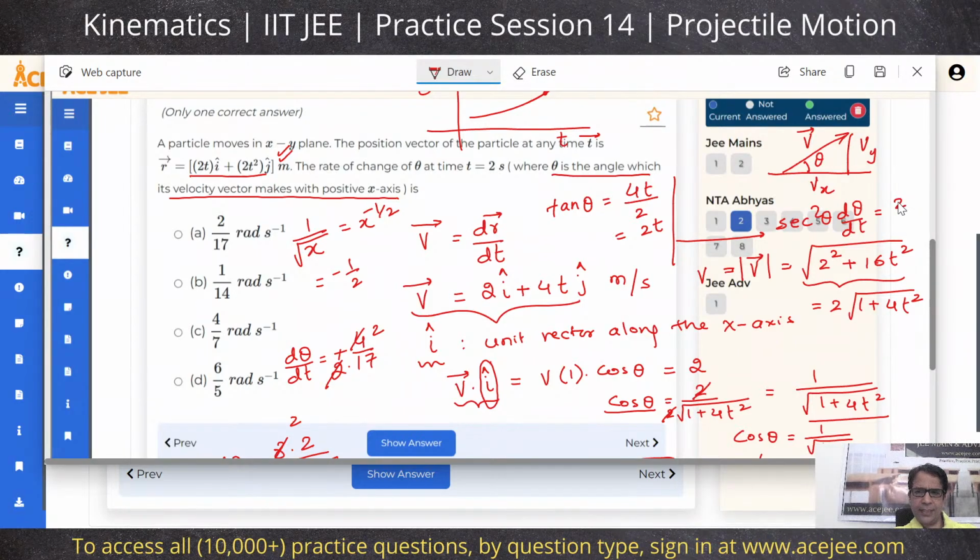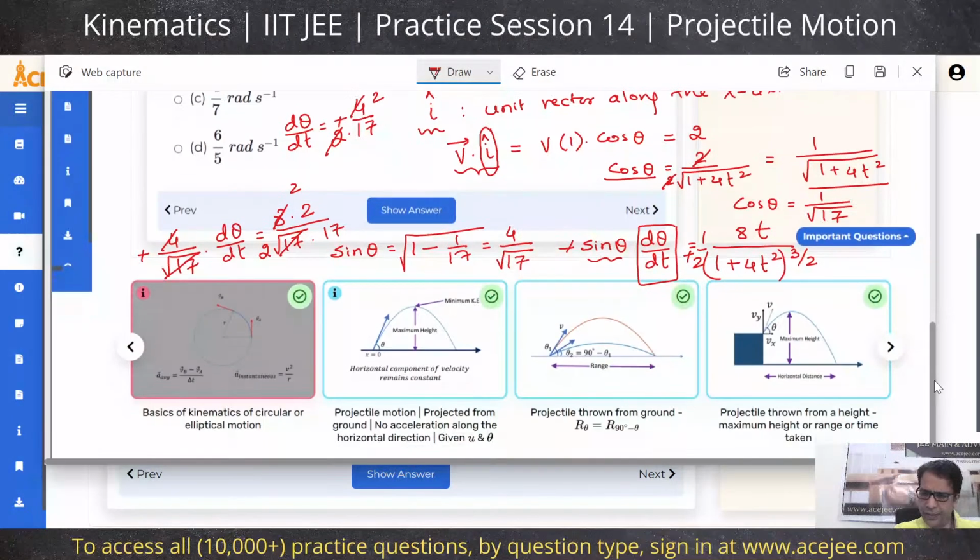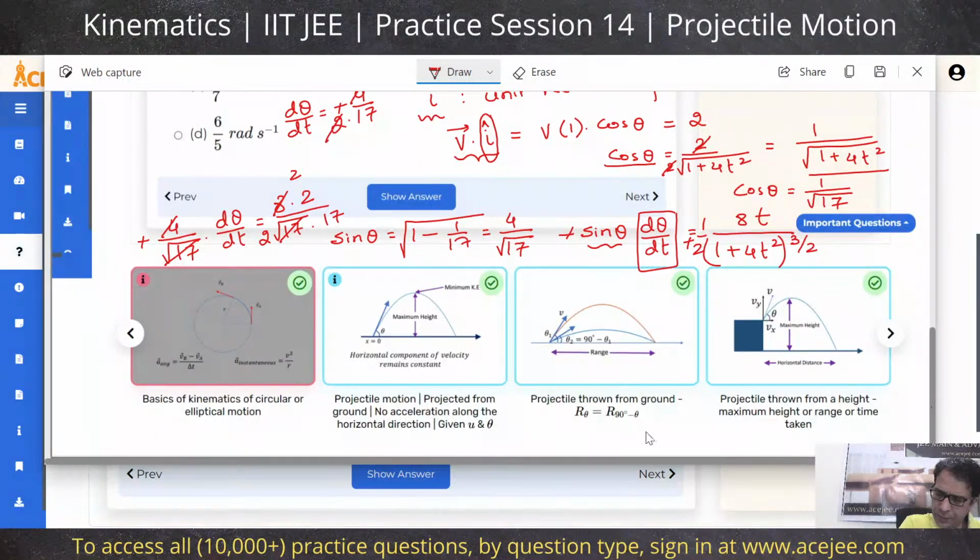What is secant square theta? 1 plus tan square theta, and tan theta at t equals to 2 seconds is 4, right? So that is 4. So secant square theta, let me just do it slightly down south. So tan theta we said is 4. So secant square theta is 1 plus tan square theta.